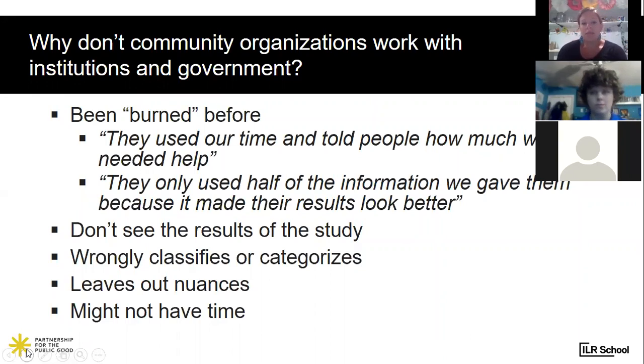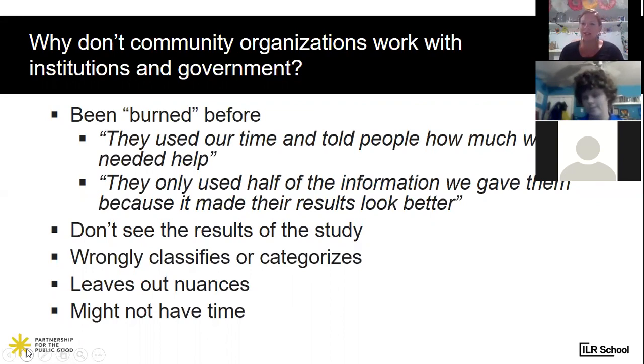Sometimes the institutions or government can wrongly classify or categorize people. So again, for example, I worked with a lot of indigenous communities, and still to this day, you look in the newspaper or you look in government reports or a lot of different academic journal articles, and we're kind of grouped in the other category.